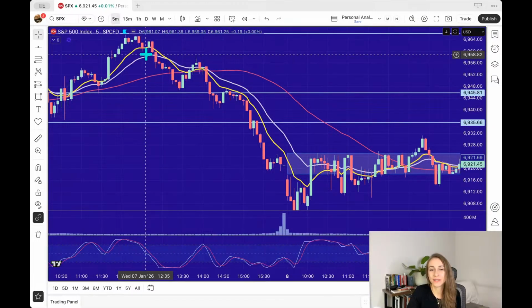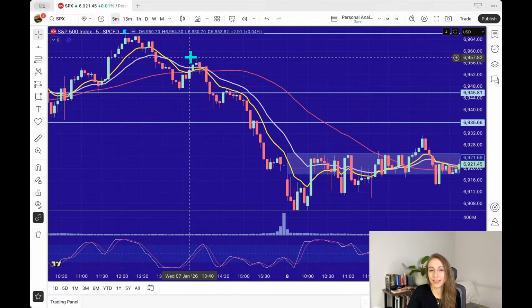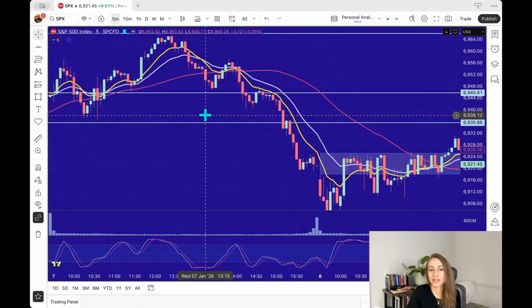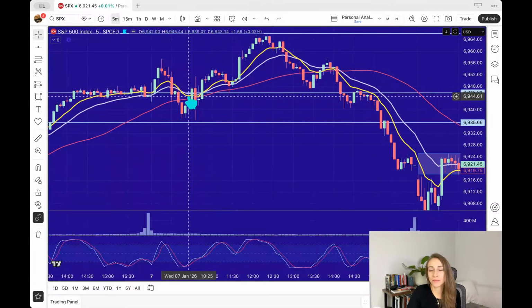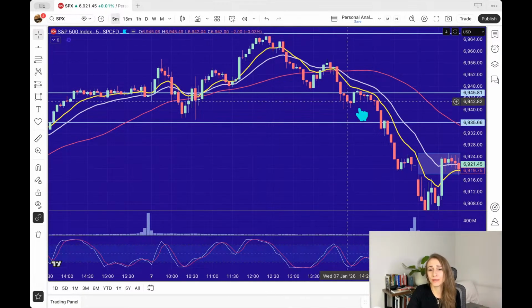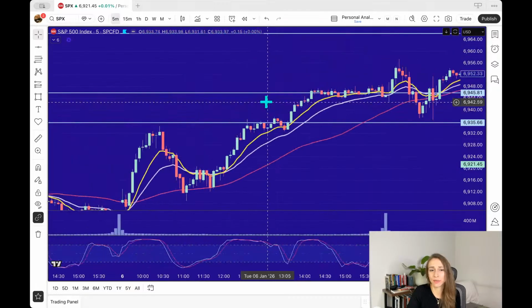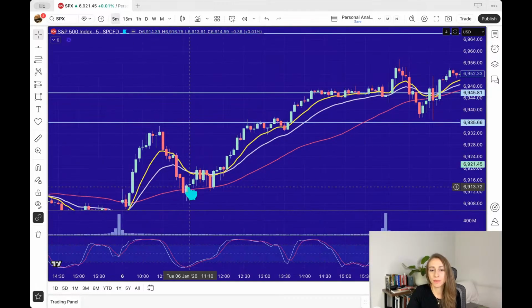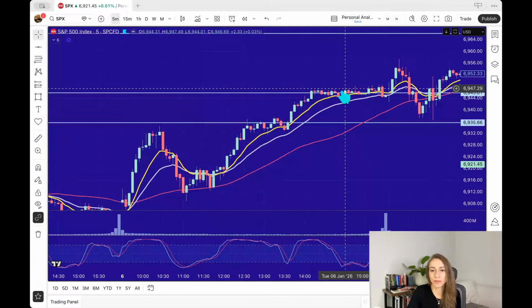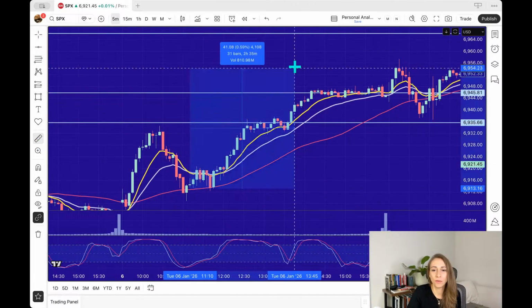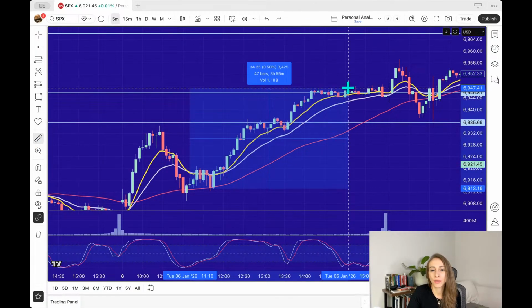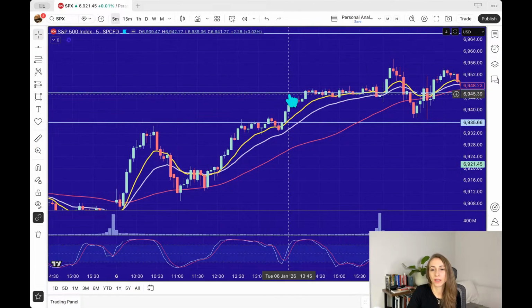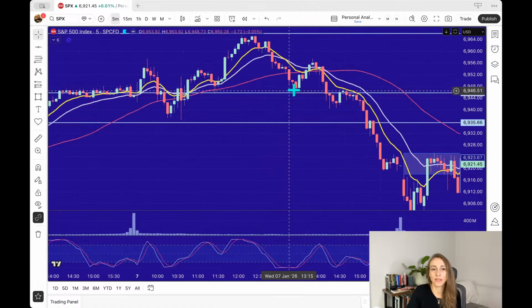If it's a solid move, you will have an entry to the downside or to the upside, even here, even though that eventually did break down. But let's go a little bit further here. So we popped up, and then anywhere here was an entry for this move, which was about 34 points. So that is for the S&P.